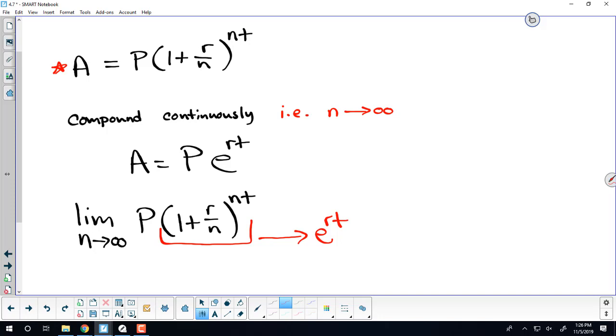So that's where that comes from. Very similar. You've got a couple more variables, letters floating around, but we could compute this limit just like we computed the previous limit.